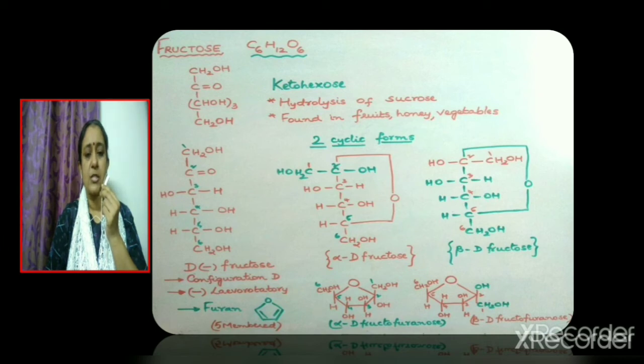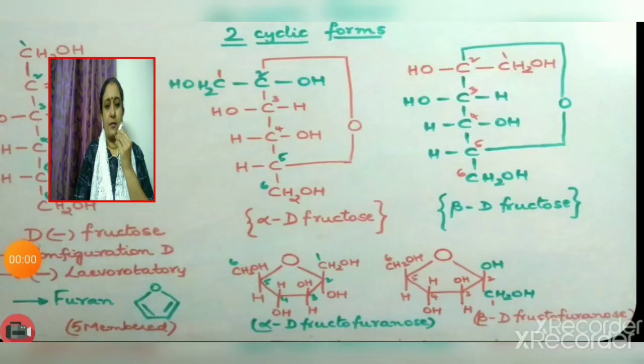Since OH is present on the right hand side with the 2nd carbon, it is considered as alpha D fructose. Now consider beta D fructose. Here, the OH group with the 2nd carbon is shown on the left hand side. So that is why it is taken as beta D fructose.